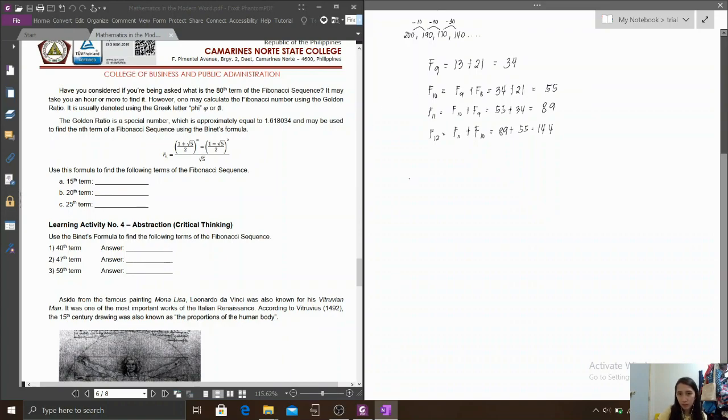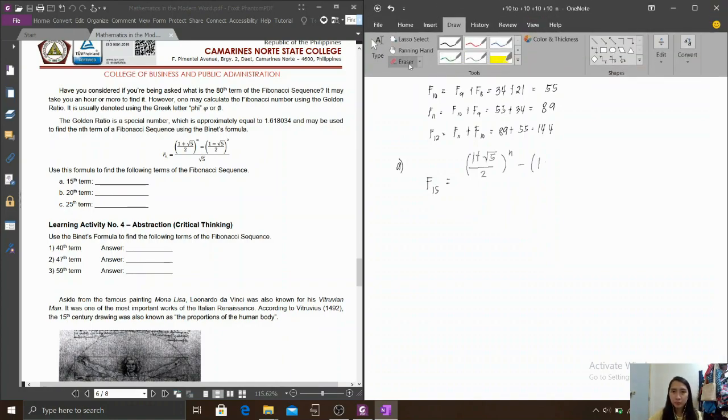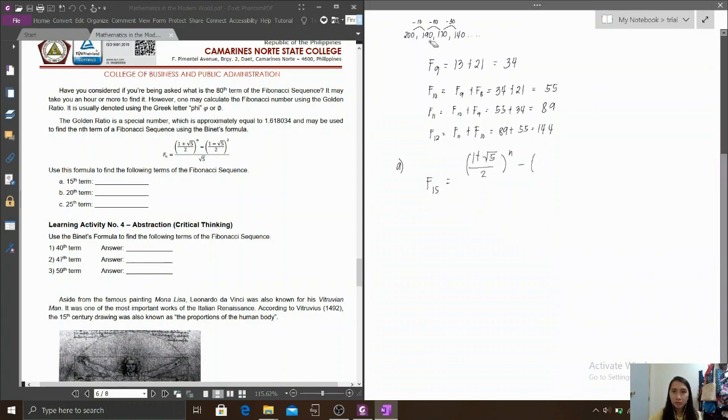So, we have, for letter A, f sub 15 is equal to 1 plus the square root of 5 all over 2 raised to n minus 1 minus square root of 5 all over 2 raised to n, all over square root of 5.